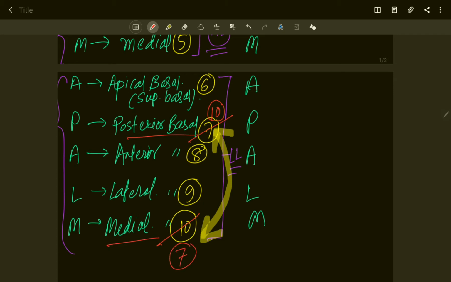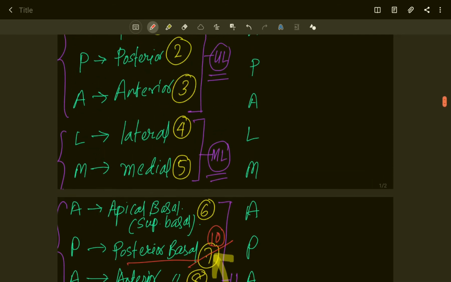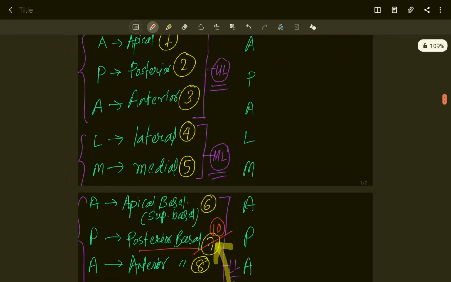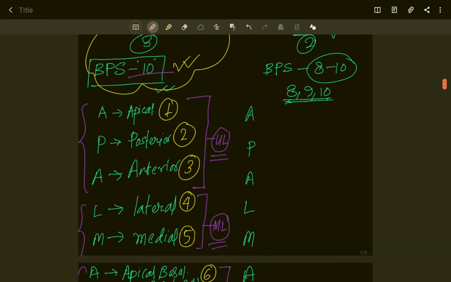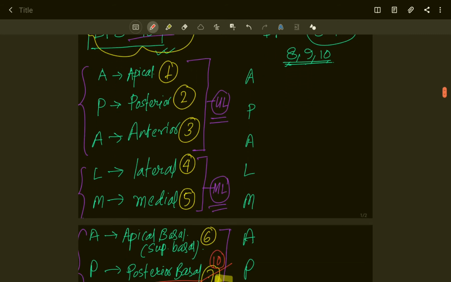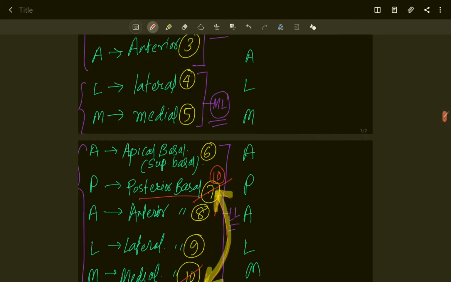Only this one trick is used on this mnemonic: interchange the 7 with 10. All others remain the same. So memorizing this mnemonic is beneficial because they are in order of number, except this one interchange between 7 and 10.